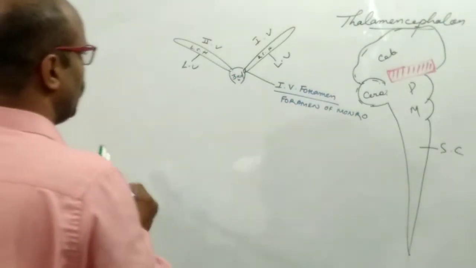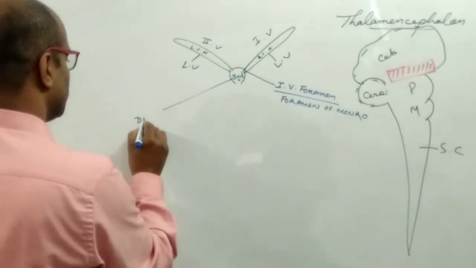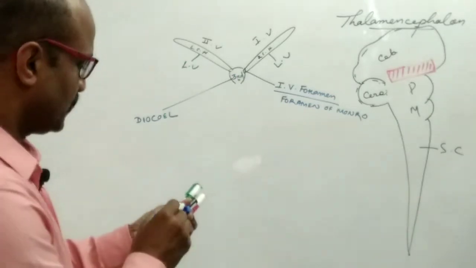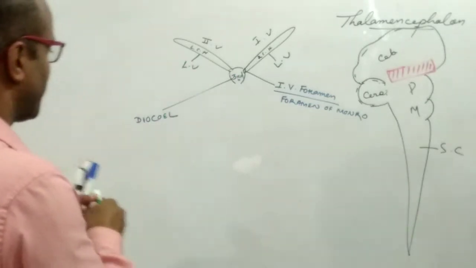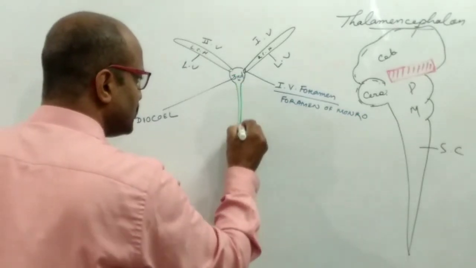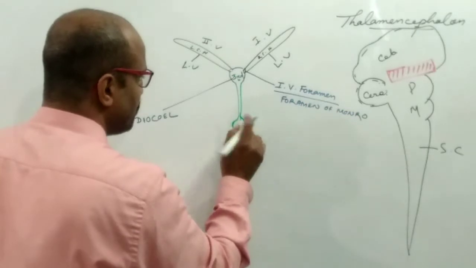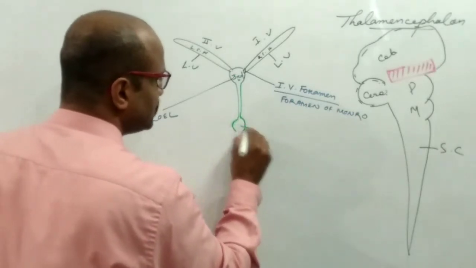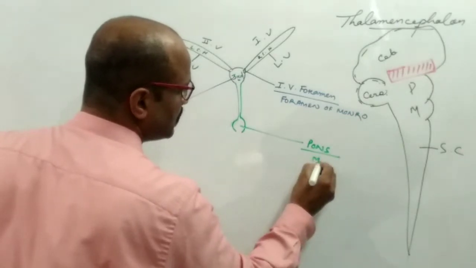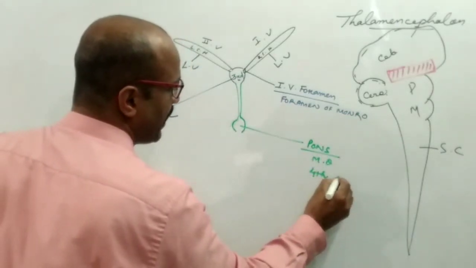This third ventricle is also known as the diocele. Such a third ventricle connects with another ventricle, present inside the pons or medulla oblongata, which is known as the fourth ventricle.